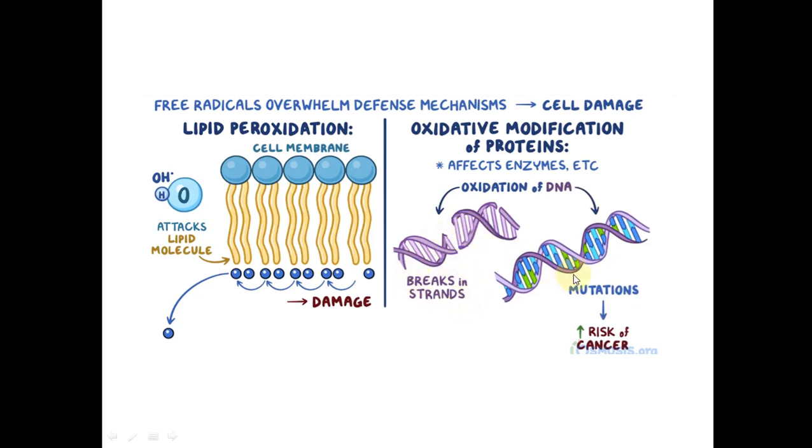These breaks ultimately will result in mutations, and these mutations can cause cellular death, apoptotic cellular death, necrotic cellular death, and also increase the risk of cancer by stimulating oncogenesis.